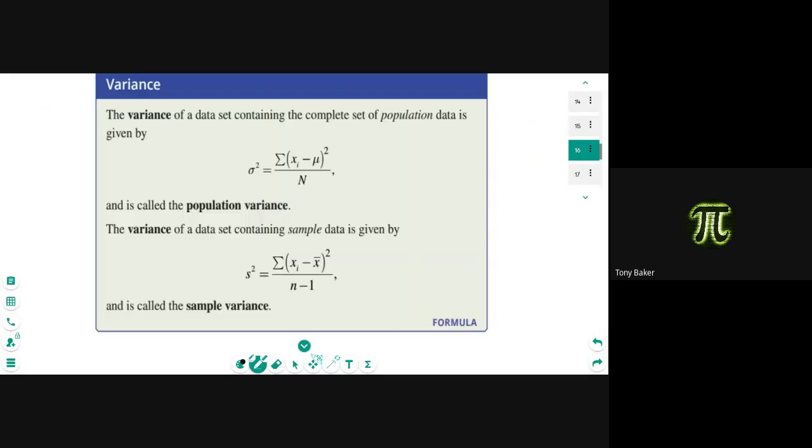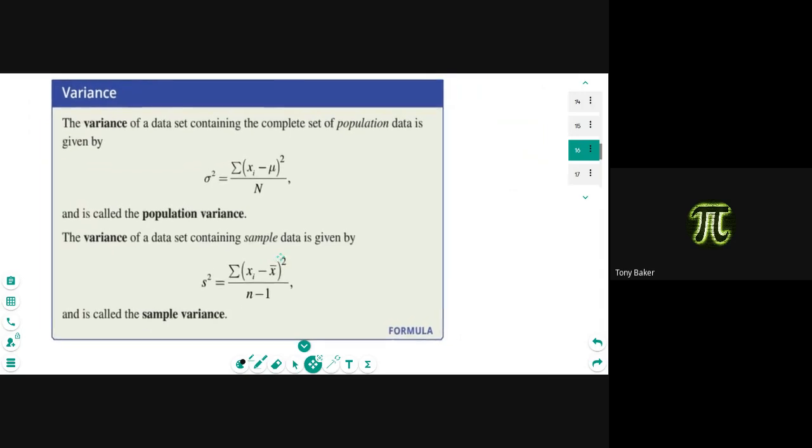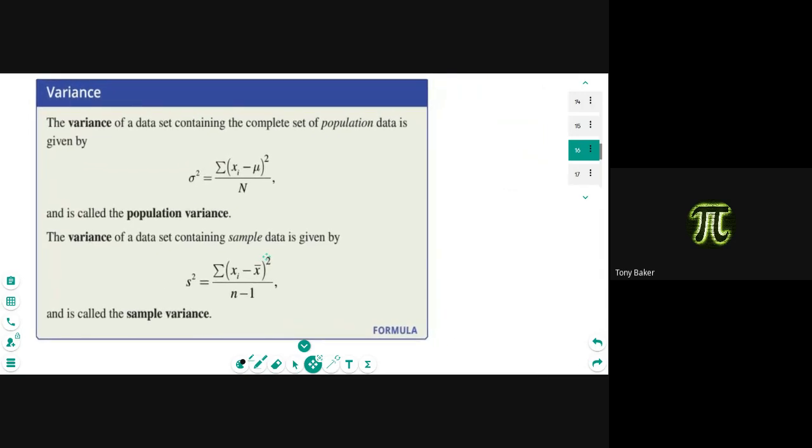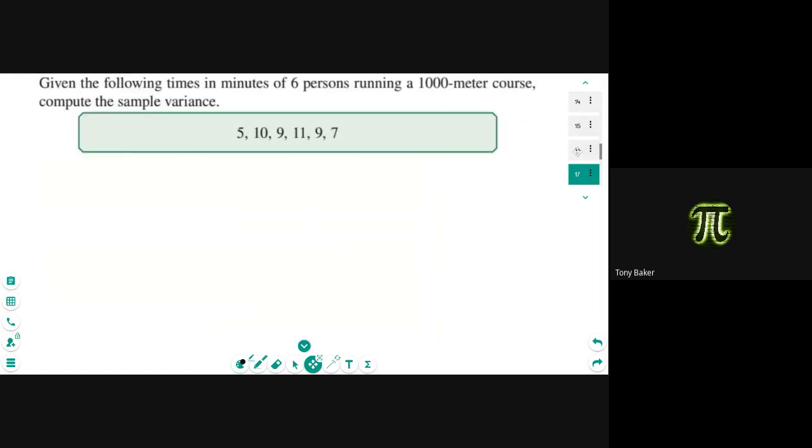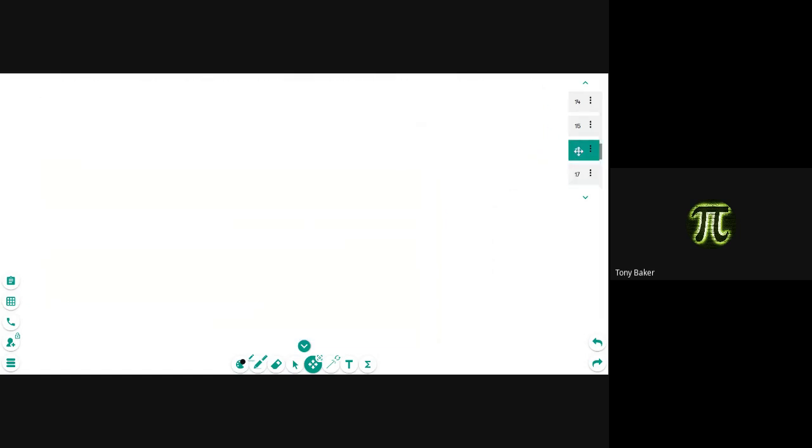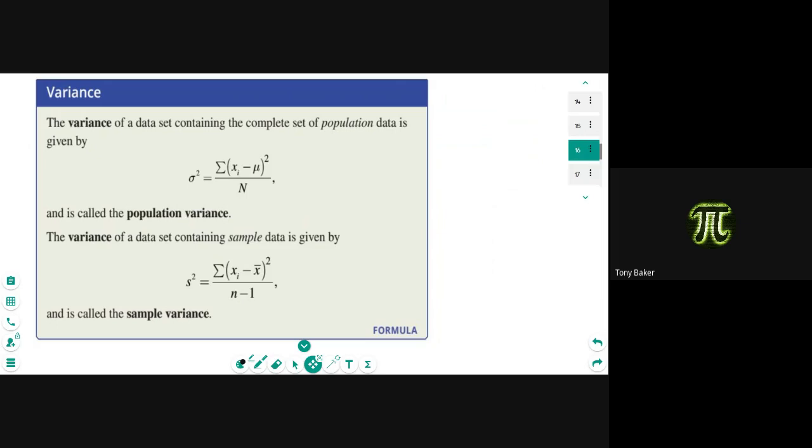All right. Now we get into the complicated formula, which you're not going to have to do, I don't think. Okay, good. You have two things that you're going to see quite often when you're talking about how much things are spread.